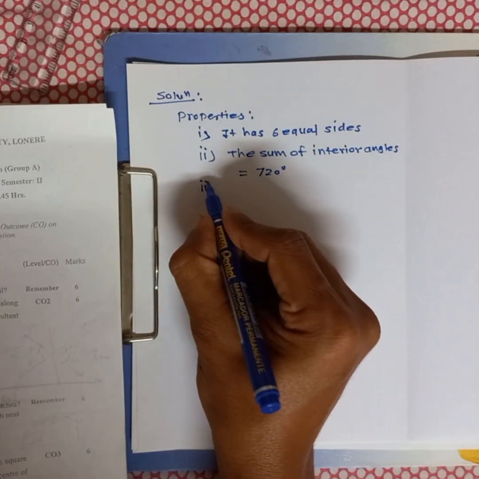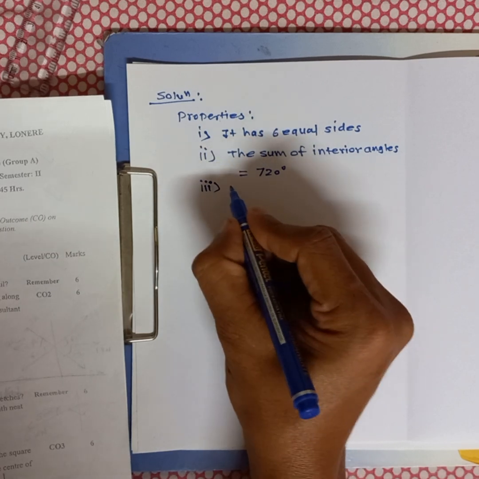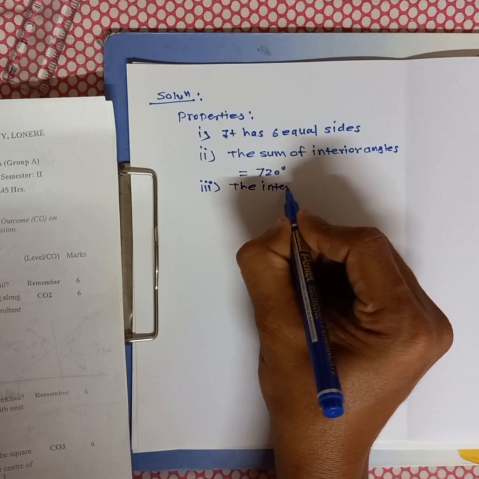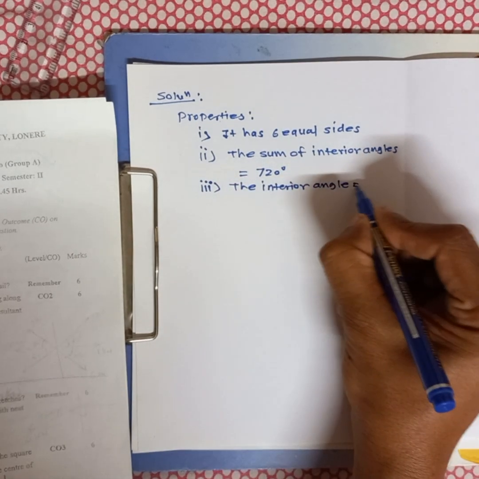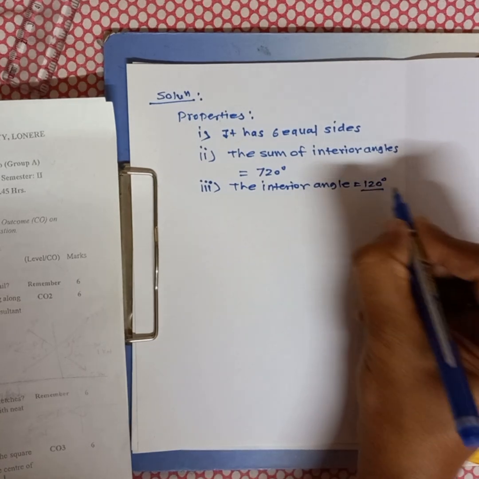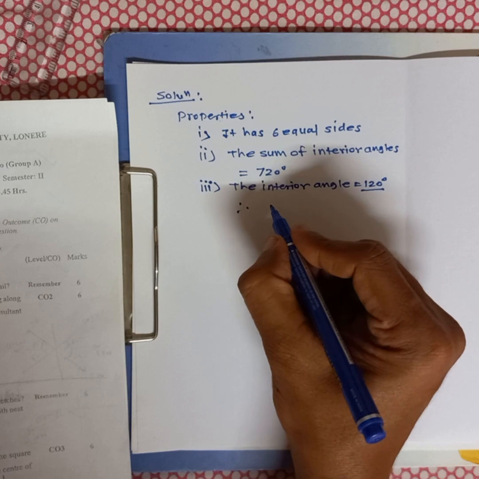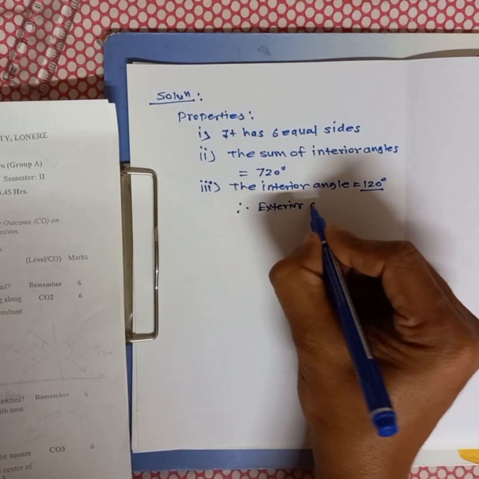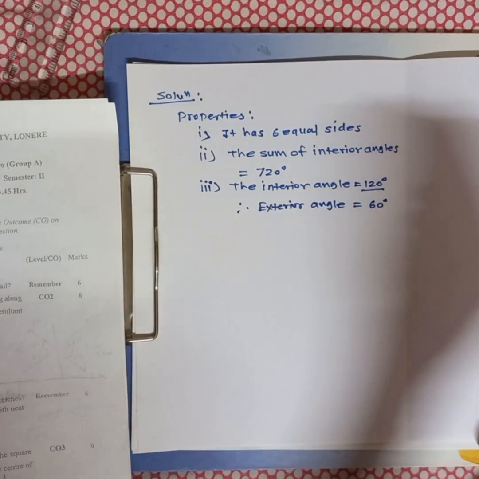Third property, just to recall, is the interior angle is of 120 degree. Hence the exterior angle is equal to 60 degree.